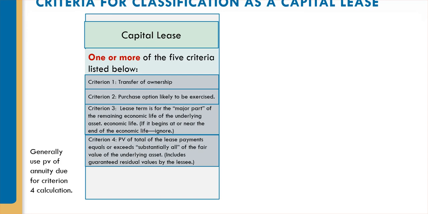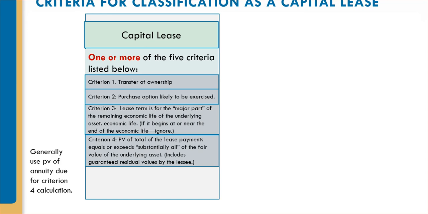And criteria 1 is transfer of ownership. So if there's a transfer of ownership, you are going to, in effect, say there's been a sale. Okay? So when you sign the lease, the true transfer of ownership may not happen until, say, 5 periods out or something.